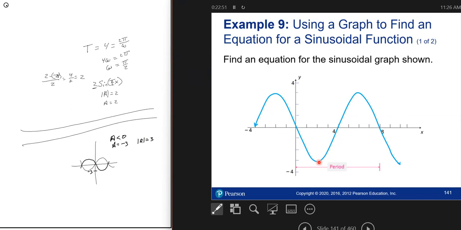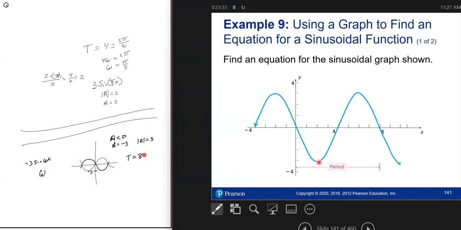All right. So right away, I know I can write this as -3 sine of x. Now to find what I'm multiplying x by, it's omega x. So now I need to find omega. For that, we look at the period, and the period in this case is 8.